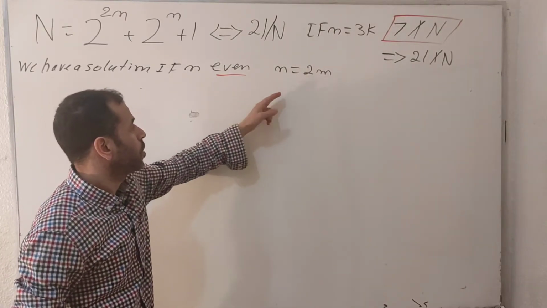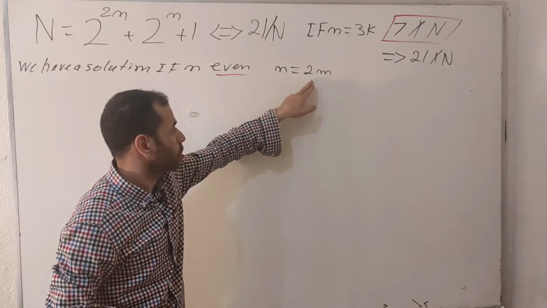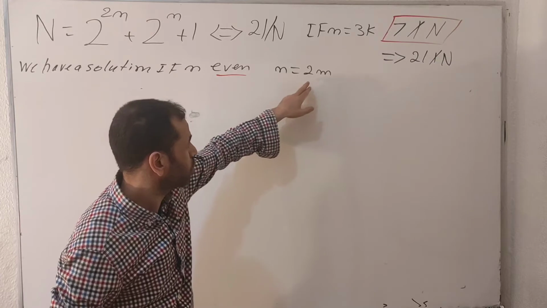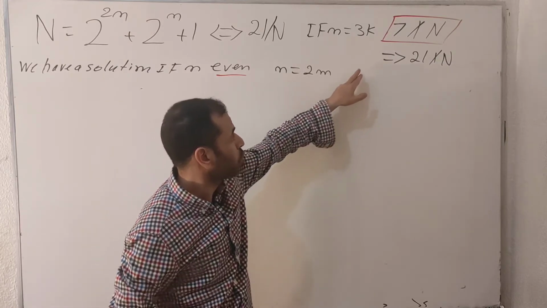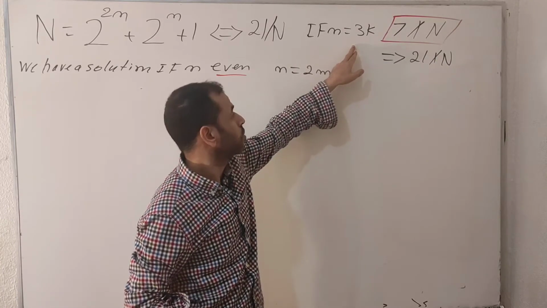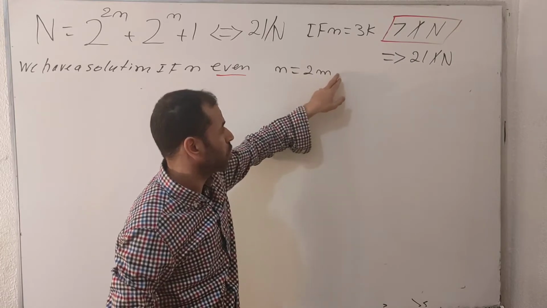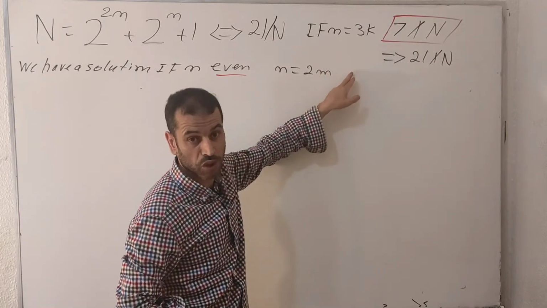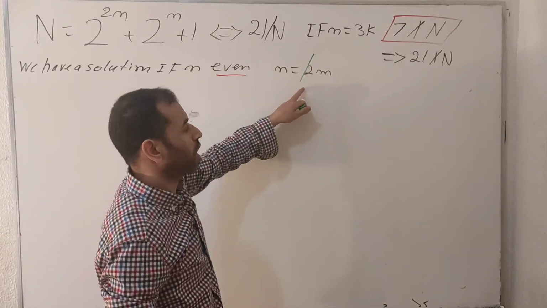But the solution is not going to be written in this form, because if M equals 3 or 6 or 9 and so on, you will not have a solution. So this one is going to be out of the solutions.